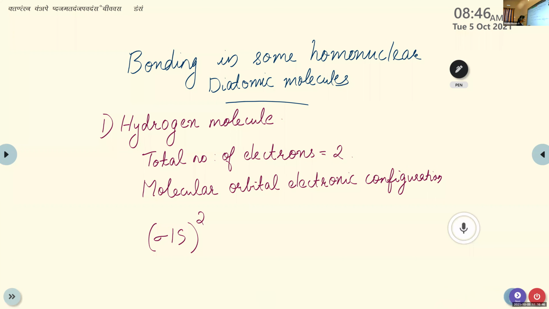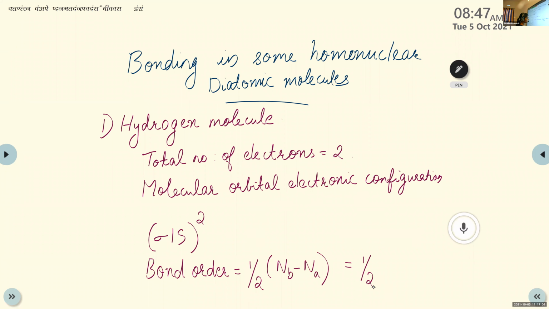Then the next step, we will find out the bond order. Bond order, what is the equation? Half into NB minus NA, right? Half into NB minus NA. So here half into, what is the number of electrons in bonding orbital?